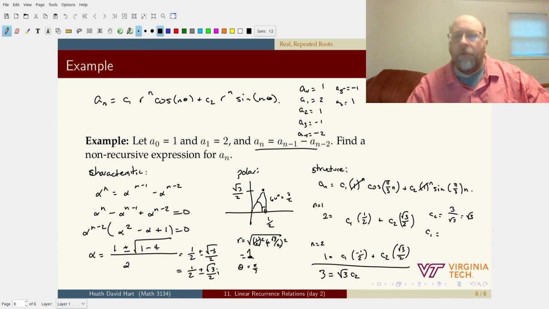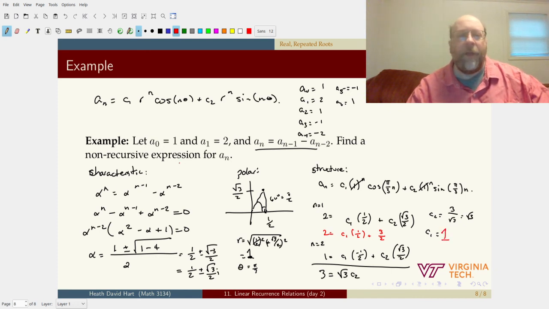So 2 is equal to c1 times 1/2 plus square root of 3 times square root of 3, which is just 3/2. But in order for 2 to equal c1 times 1/2 plus 3/2, c1 is just going to equal 1.